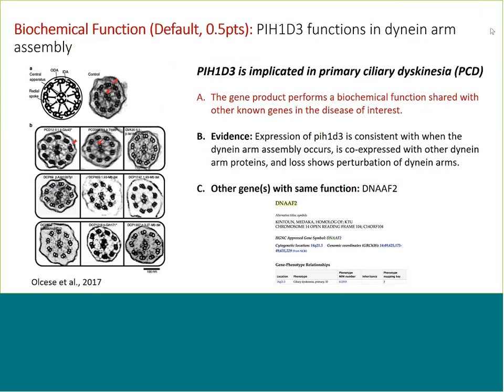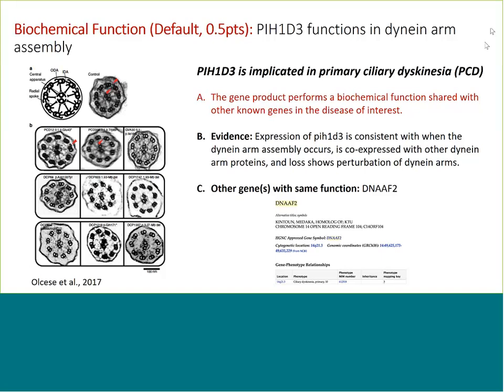Sure. This first example is for biochemical function, and I was looking at the gene PIH1D3, which was implicated in a disease called primary ciliary dyskinesia. What we found through this assay is that PIH1D3 functions in dynein arm assembly, and disassembly or perturbation of this assembly is known to cause primary ciliary dyskinesia.